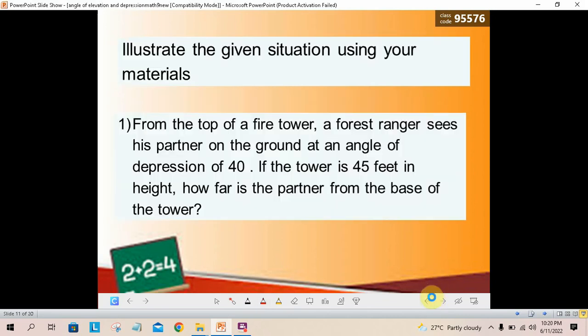Let's go back to the problem. From the top of a fire tower, a forest ranger sees his partner on the ground. So there are two persons here involved. A forest ranger from the top of a fire tower who sees his partner on the ground at an angle of depression of 40. If the tower is 45 feet in height, how far is the partner from the base of the tower?